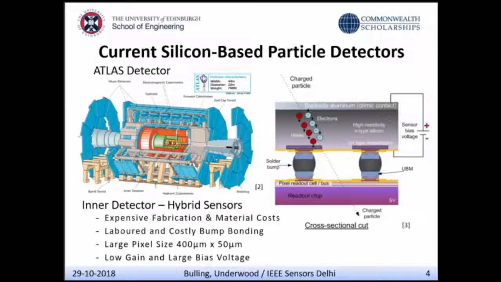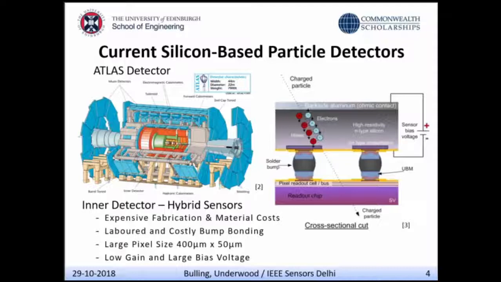This has been specially made for high energy physics with extreme radiation hardness, but the entire process of how the detector works is based on charge collection. As charged particles pass through, they give off electron hole pairs, and that charge is detected.